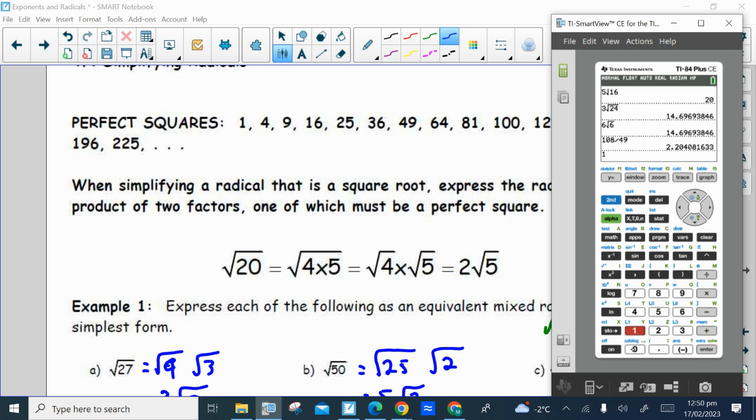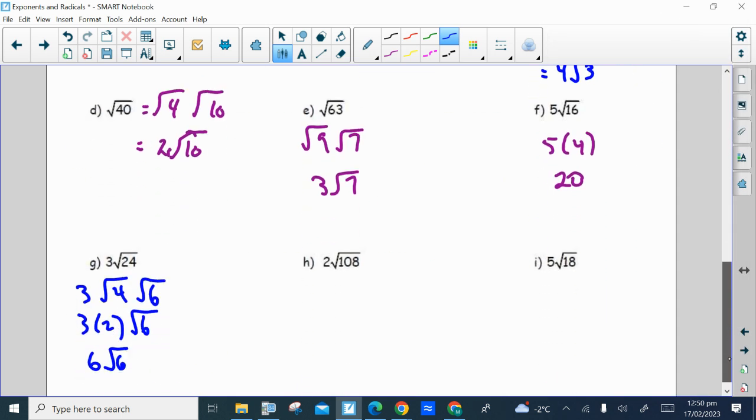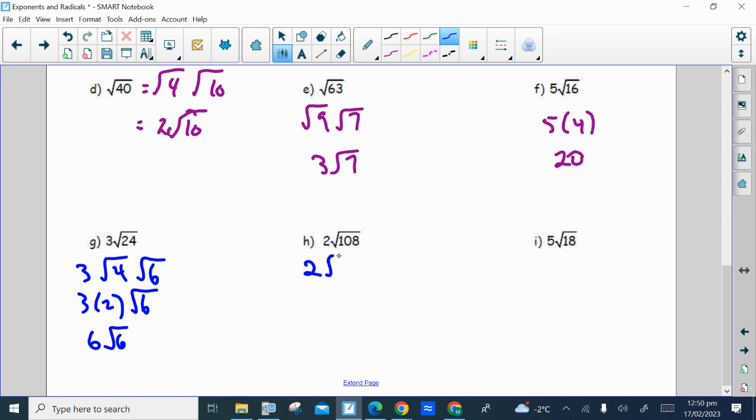Let's check 36. The next perfect square as we go down the list. And there we go. 108 divided by 36 is 3, which means 36 times 3 is 108. The largest perfect square that divides into 108 is 36. So this will be 2 times the root of 36 times the root of 3.